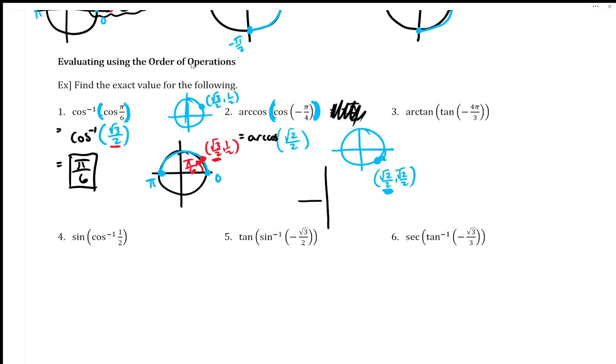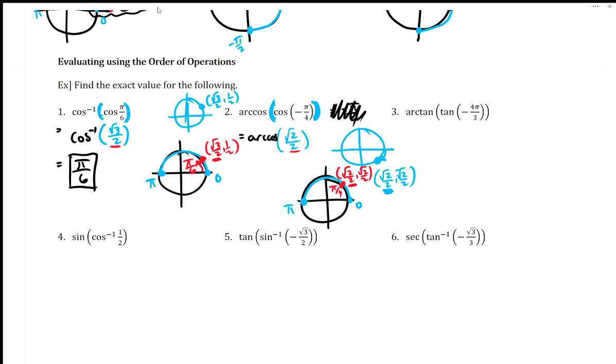I'm going to draw a sketch for that and mark it in blue just like the previous problem. Arc cosine is an angle between 0 and pi. Radical 2 over 2 is an x-coordinate, a positive x-coordinate, which is in quadrant 1. Quadrant 1 with an x-coordinate of radical 2 over 2 is pi over 4.